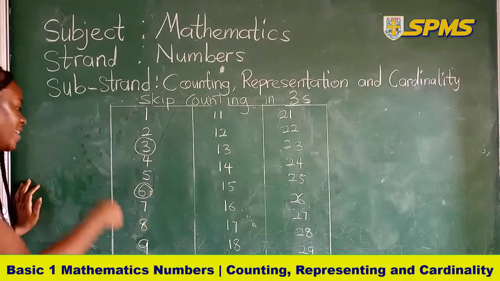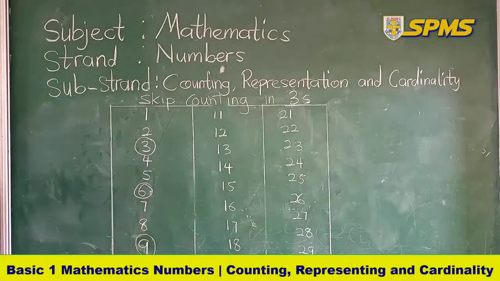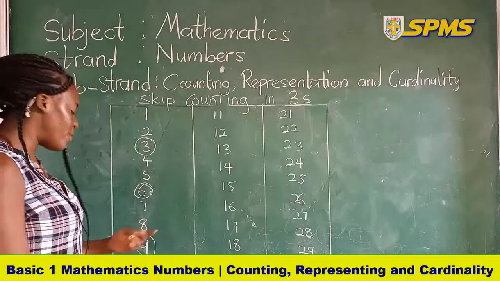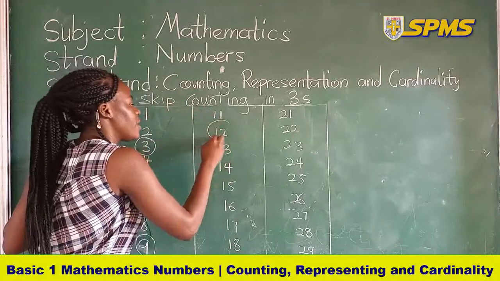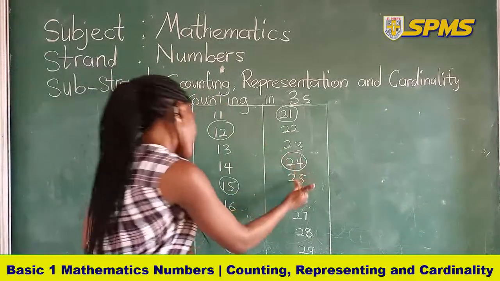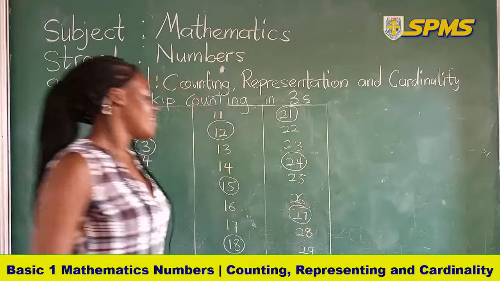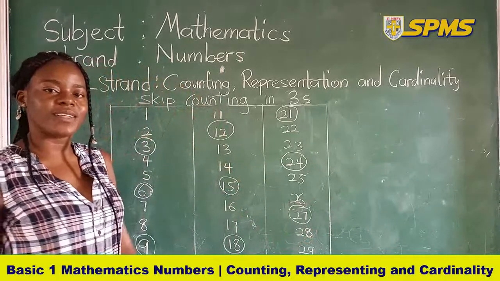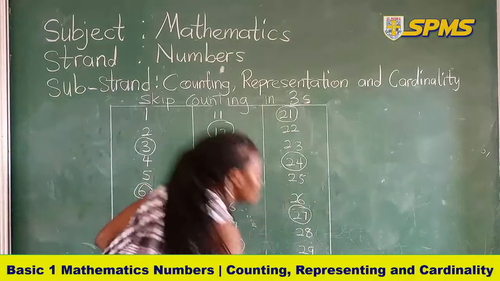Good. 9. 1, 2, 3. Circle 9. Let's move on. 1, 2, 3. We circle 12. Next number. 1, 2, 3. 27. Next number will be what? 30.